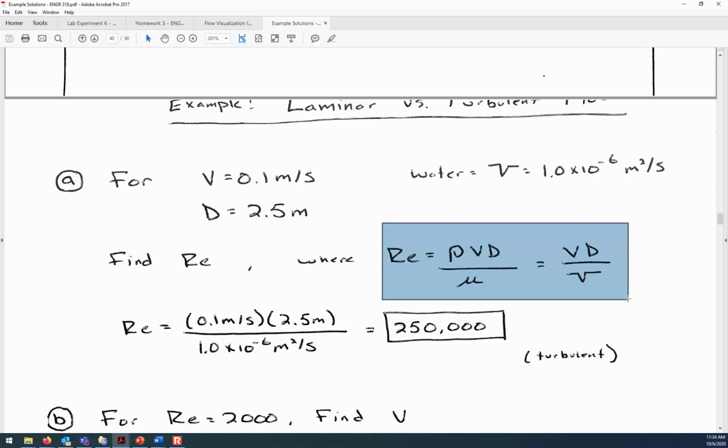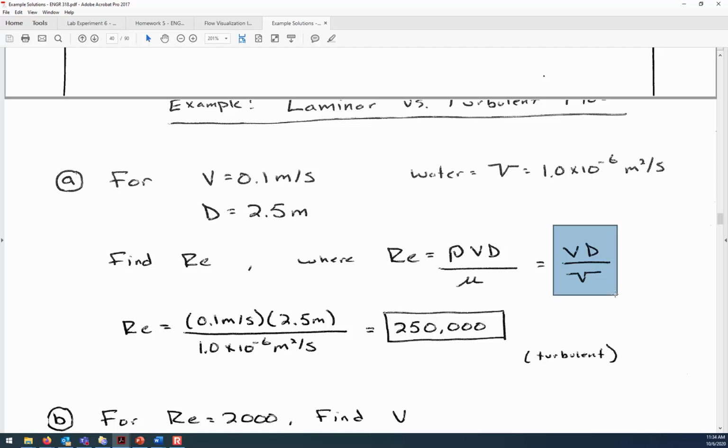It can be expressed density times velocity times diameter divided by the absolute viscosity. And so that's what I had on the screen just a moment ago. But another way to do it is velocity times diameter divided by kinematic viscosity. And remember, the definition of kinematic viscosity is absolute viscosity divided by density.